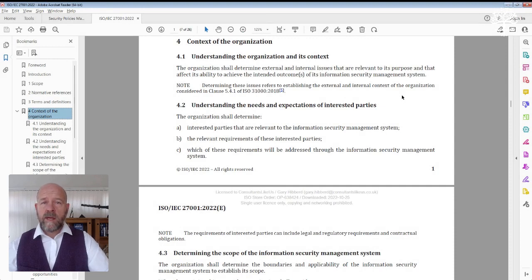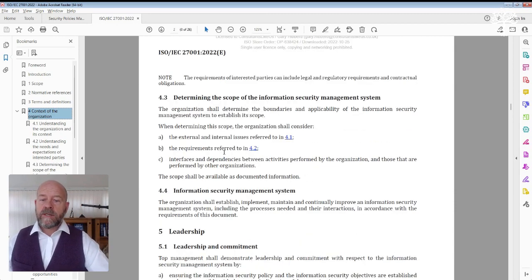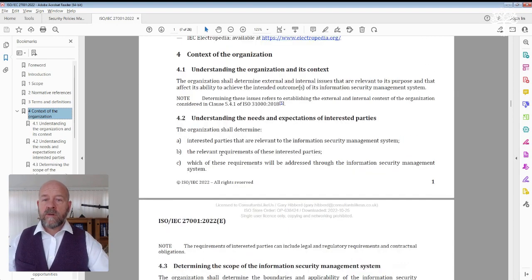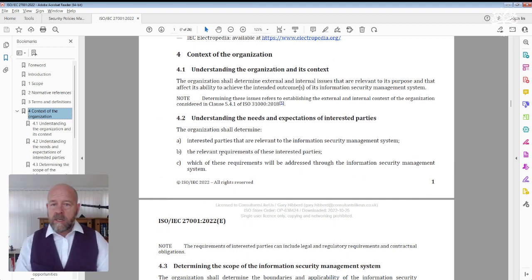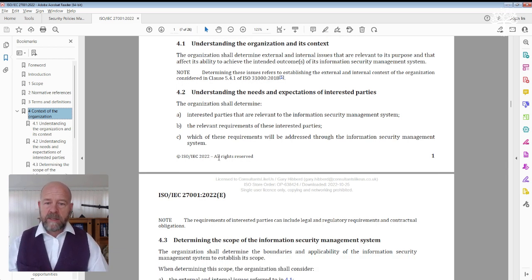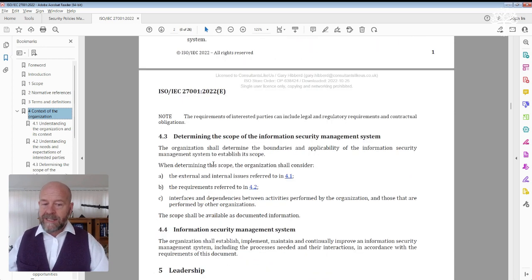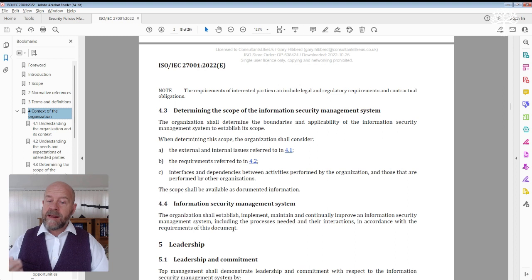So here we are within ISO 27001, and we're at the section context of the organization. Now, as you can see here, there are actually only 4 sections within this clause. You have understanding the organization and its context, understanding the needs and expectations of interested parties, determining the scope of the security management system, that's this, and then it has a requirement here which is fairly simple because it's more of a statement.